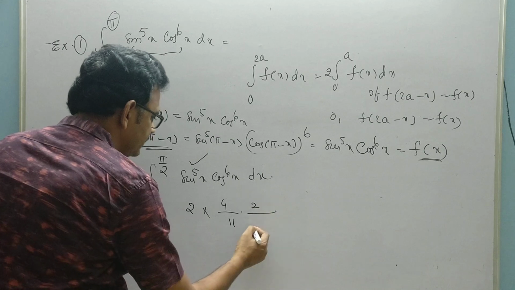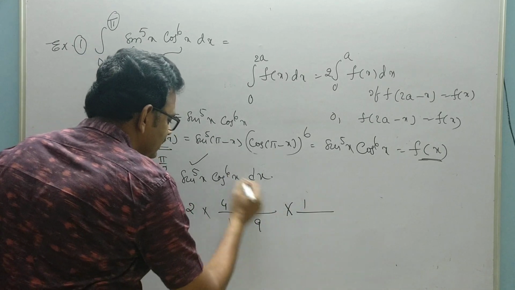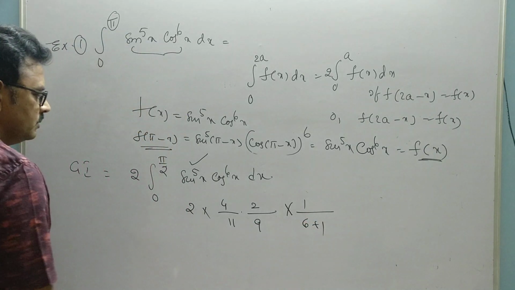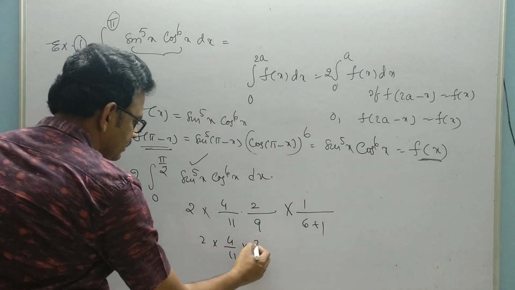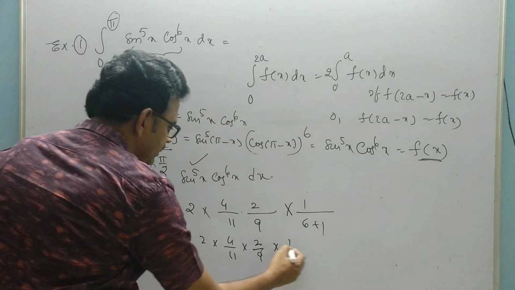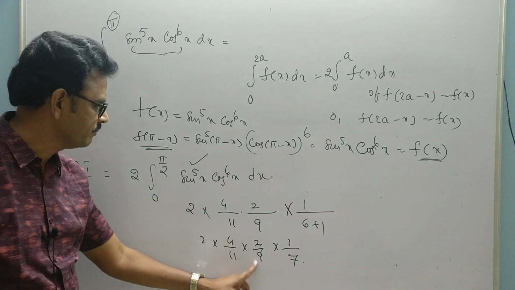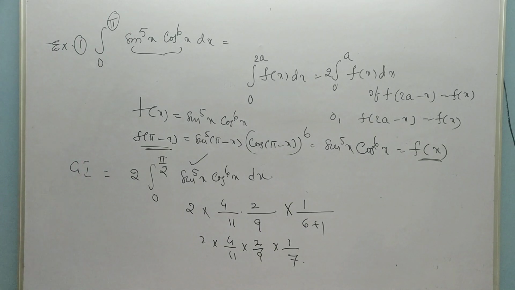Next, 2 by 9, into 1 by n plus 1, 6 plus 1. So that equals 2 into 4 by 11 into 2 by 9 into 1 by 7. According to this, 2 by 3 plus n, 3 plus 6, that is 9, 1 by n plus 1.